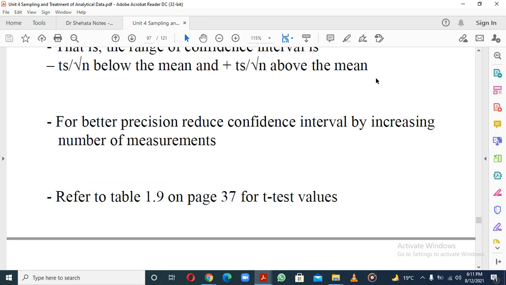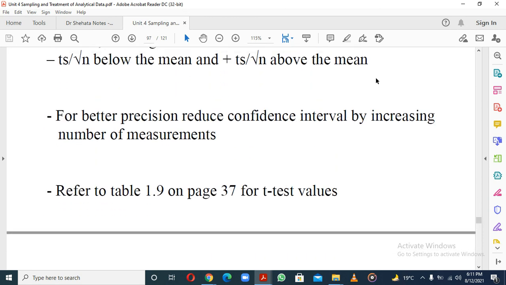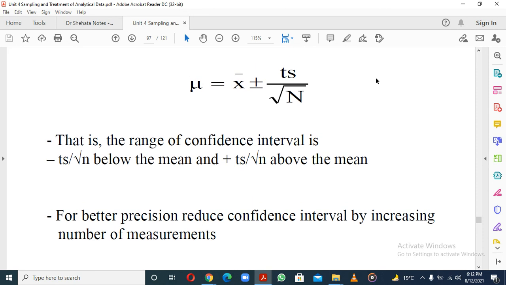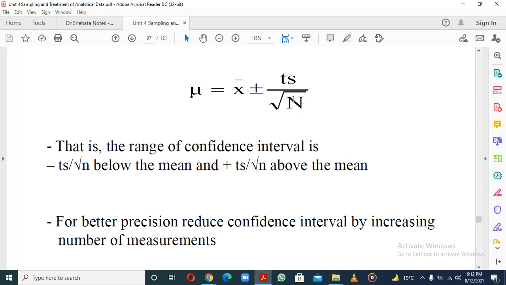So then, for better precision, you can reduce the confidence interval by what? By increasing the number of measurements. So what this simply means is, look at this n. It simply means when you increase the denominator, okay?